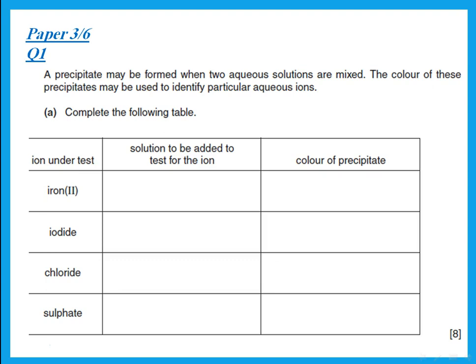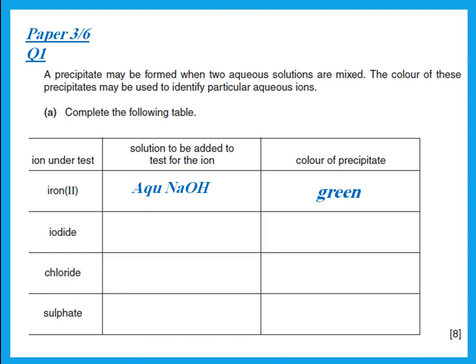He just wants the color of the precipitate. Again, iron 2. How do we test for iron 2? Remember, I either add aqueous sodium hydroxide or aqueous ammonia. In both cases, what color of precipitate do we get with iron 2? We get a green precipitate with iron 2.